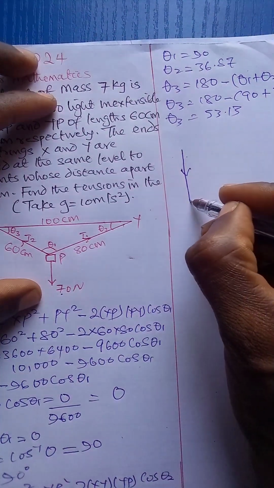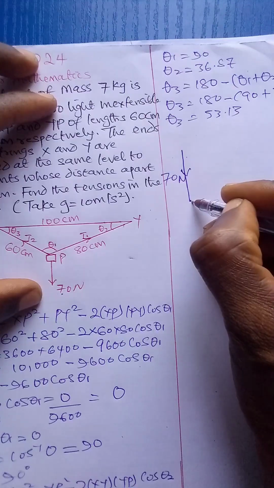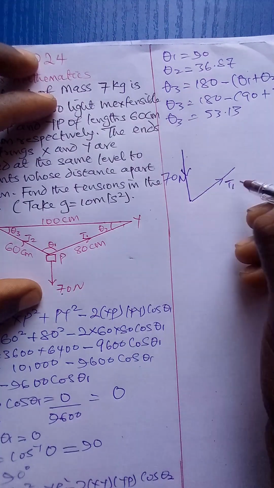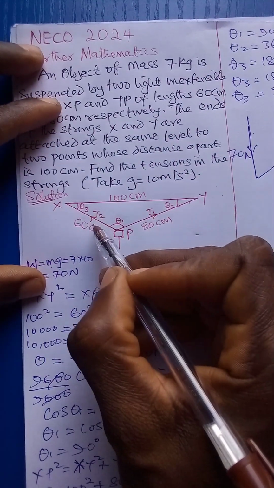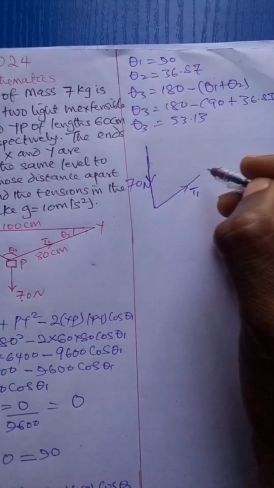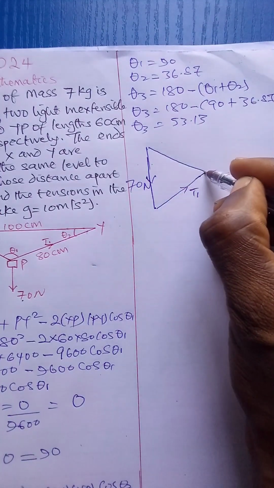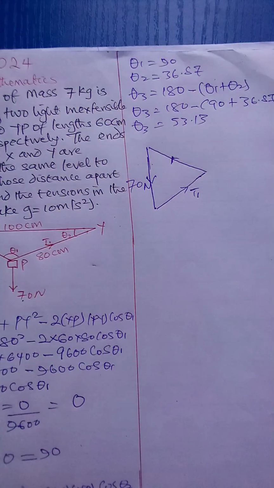And so T1 begins from where the 70 Newton force ends, and then we'll have to draw it. This is our T1. Again, T2 is the third force, and it will start from where T1 ends. So I will now draw another force closing the triangle, and so I have a triangle.